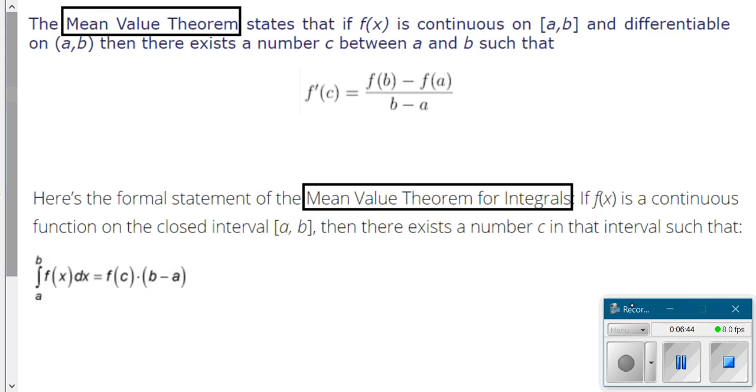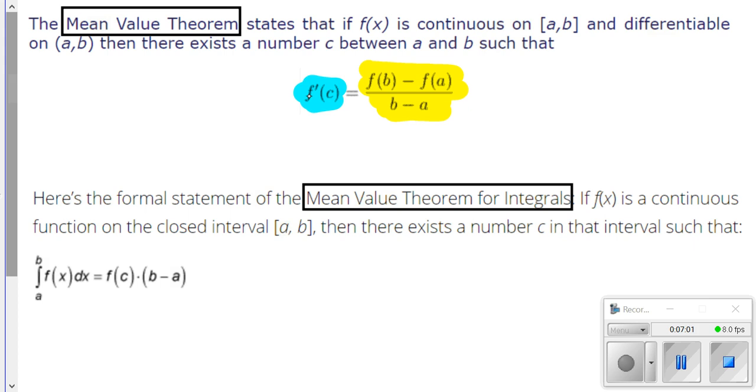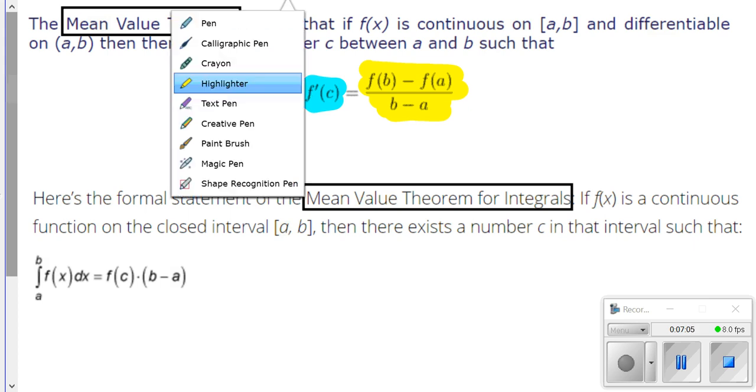All right, so the mean value theorem for derivatives, so to speak, is the one that says that the average rate of change, which is just the slope of a secant line, is equal to the slope of some tangent line in between A and B. So there's a picture that would go with that. Let's see if I can draw.